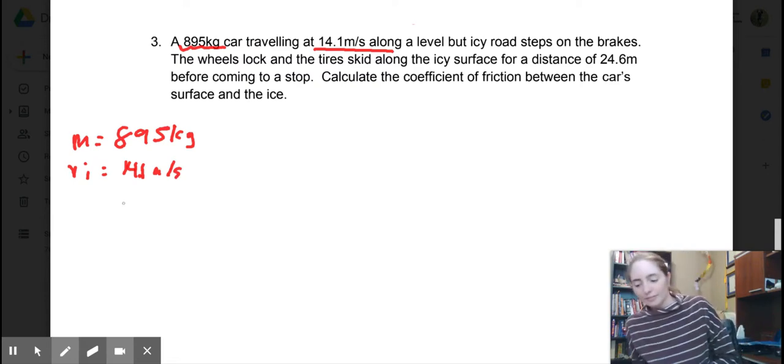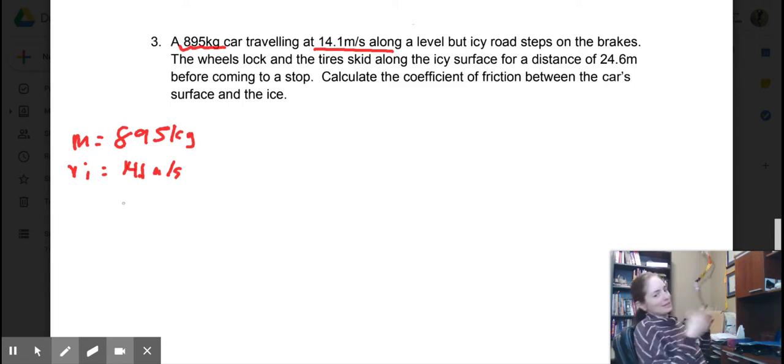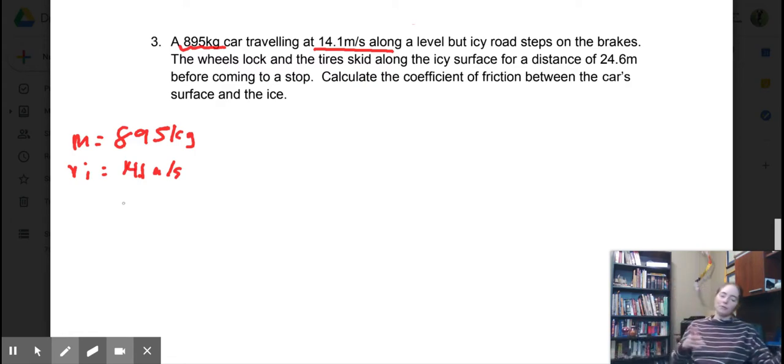Now, ladies and gentlemen, let's think about icy for a sec. That's going to be something that's going to help us out. Because when you have something that's icy, what's going to have that mu going to be, higher or lower? Lower, exactly. Because the lower the mu, the lower your force of friction is going to be.